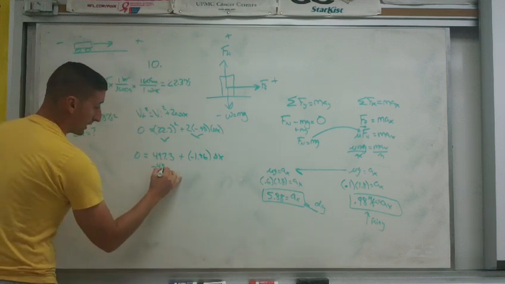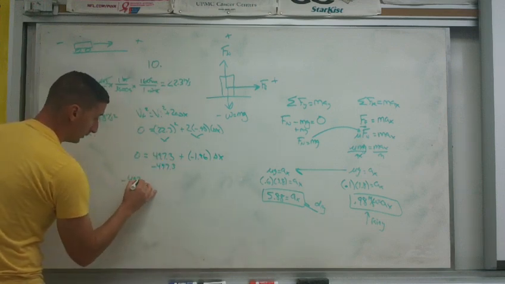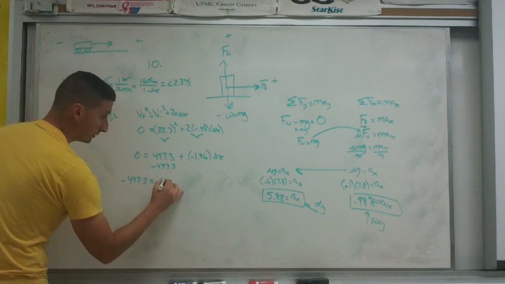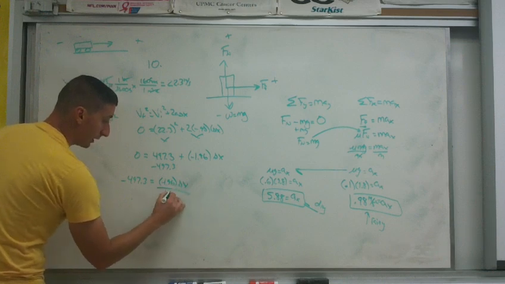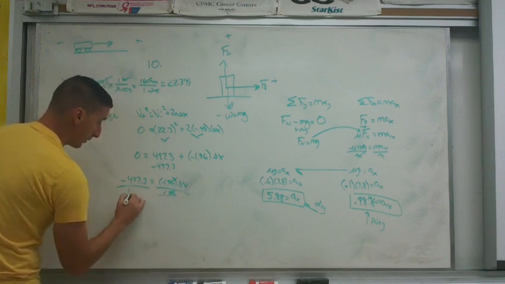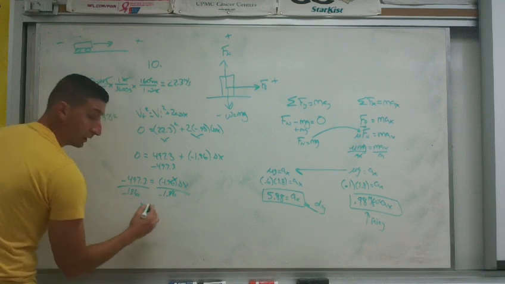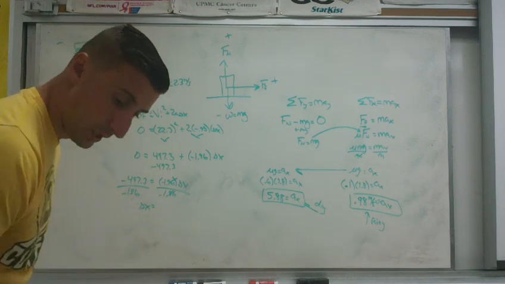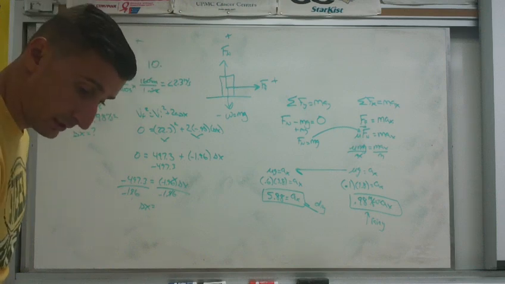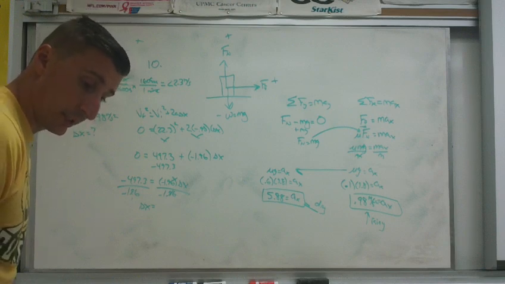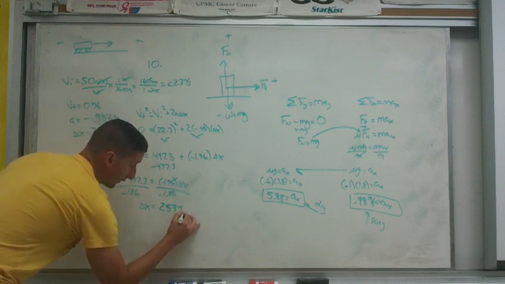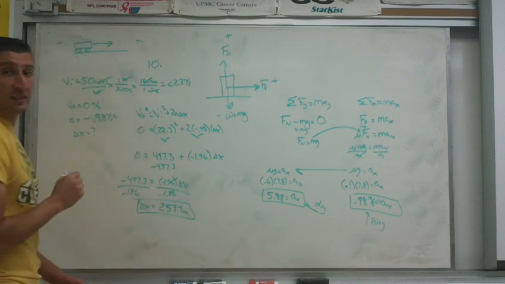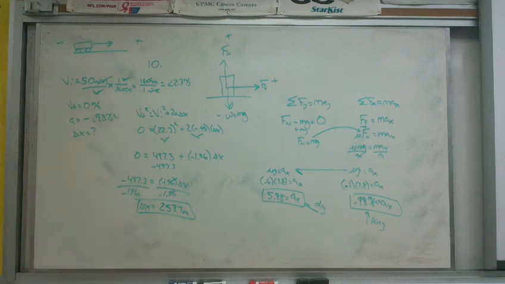I subtract 497.3 and divide by negative 1.96. I get delta x is equal to 497.3 divided by 1.96. I get 253.7 meters. All right. So it's going to take a distance when it's raining of 253.7 meters.